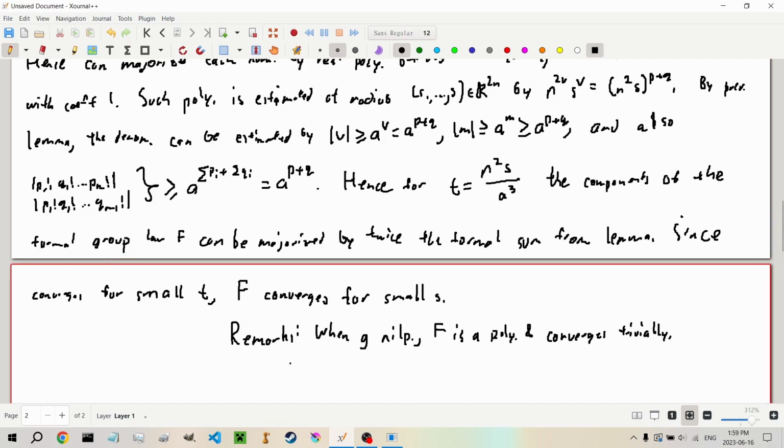Secondly, to estimate our radius of convergence, we can estimate the constraints in the proof.